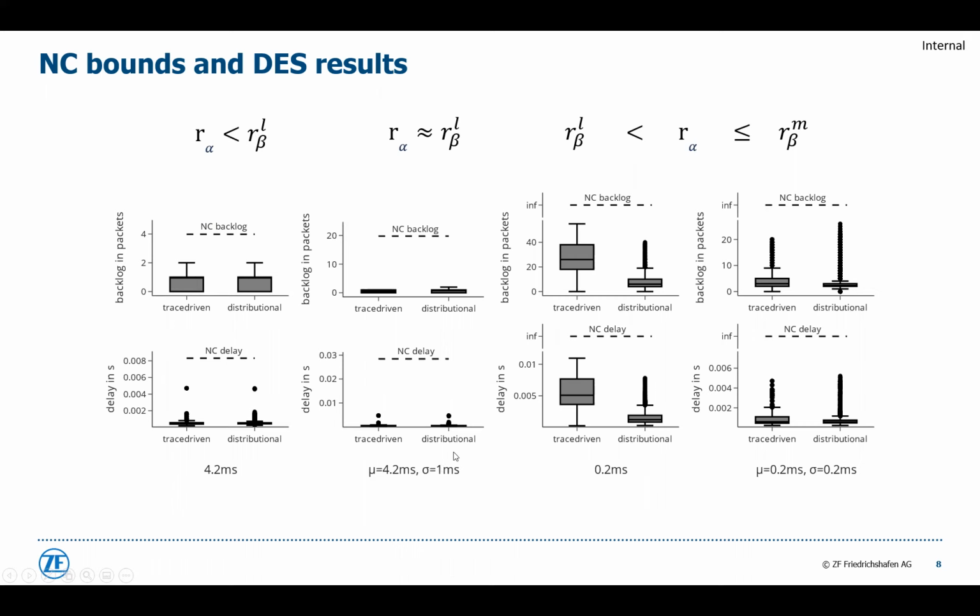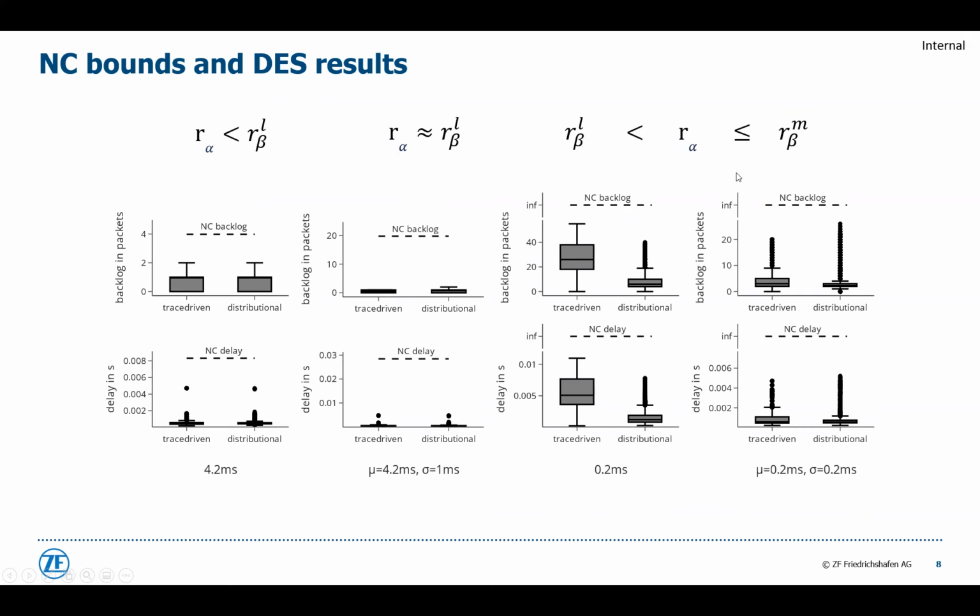Then we put variation on the input, then the delay and backlog bound both increase. But in the simulation, we did not find such an amount of increase. So it's a bit pessimistic here, the network calculus bound.